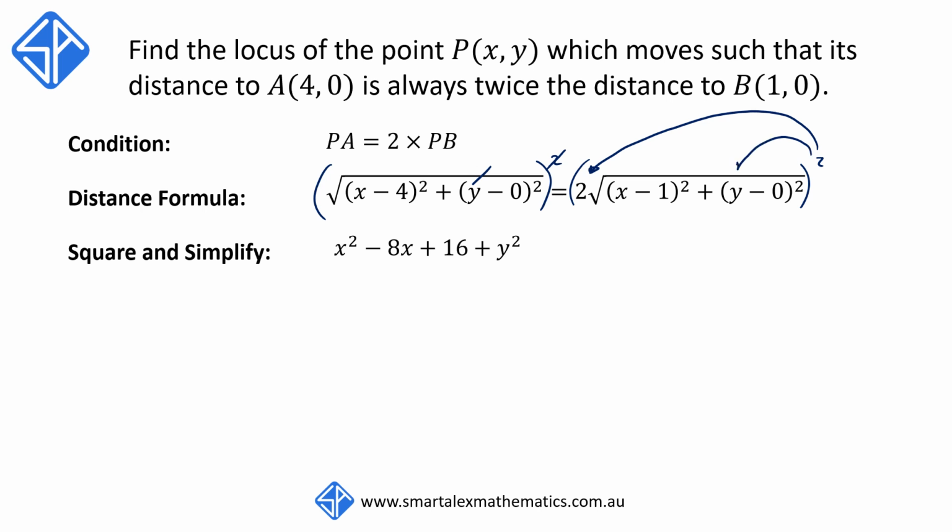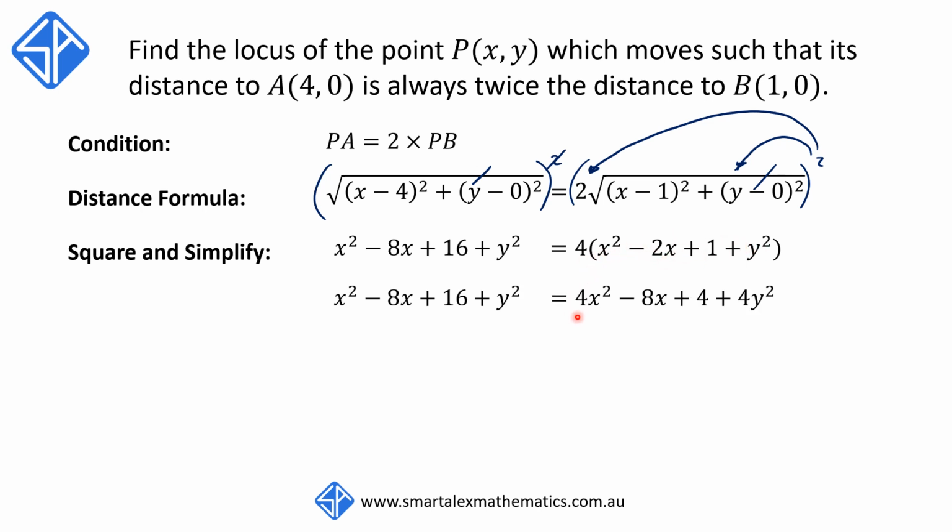And the square will also cancel out the square root sign, so that our right-hand side becomes 4 times the expansion of what's underneath the square root, which is x squared minus 2x plus 1 plus y squared. Then we're going to expand out the right-hand side again by applying the 4 to every single term. So we have 4x squared minus 8x plus 4 plus 4y squared.